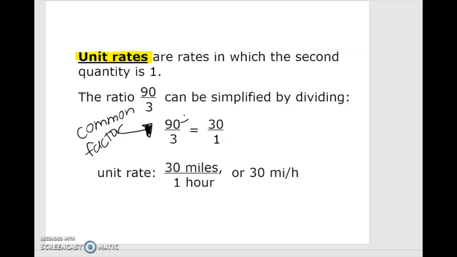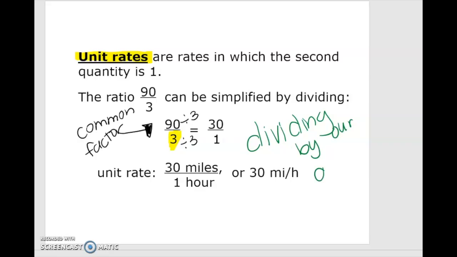And so some of you might be thinking, oh yeah, look, we could divide both of those by 3. And that gets us to our 30 to 1. Notice that 3 was our denominator. So to get our unit rate, we are going to be dividing by our denominator.